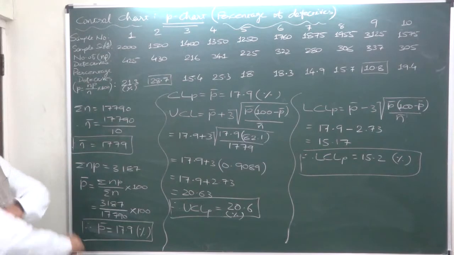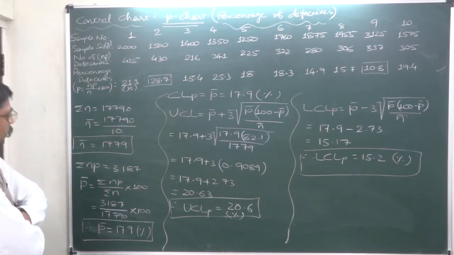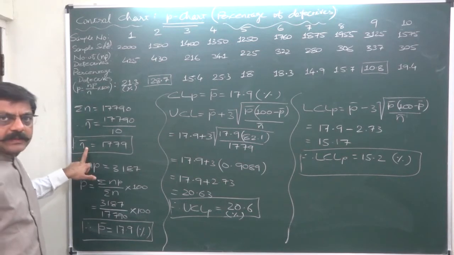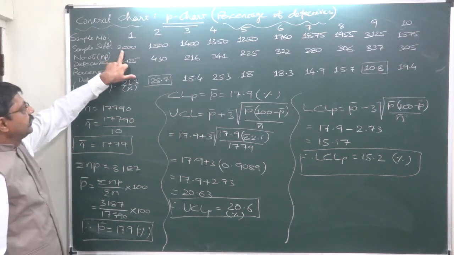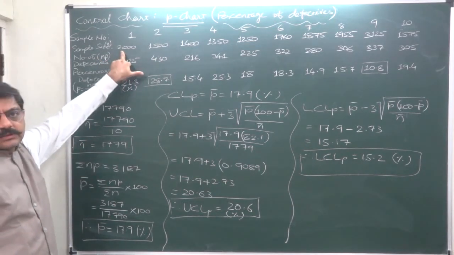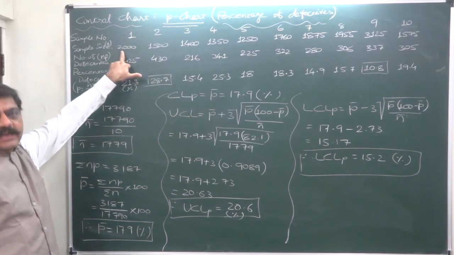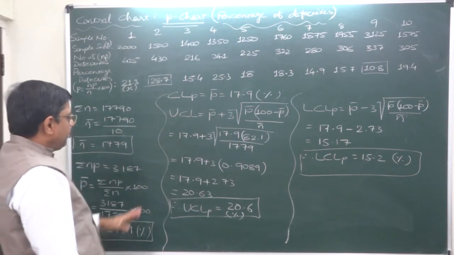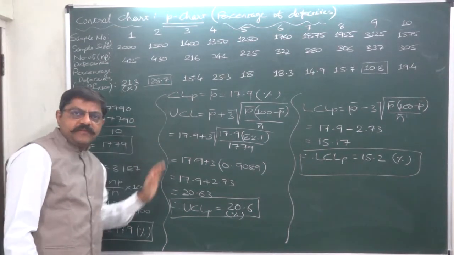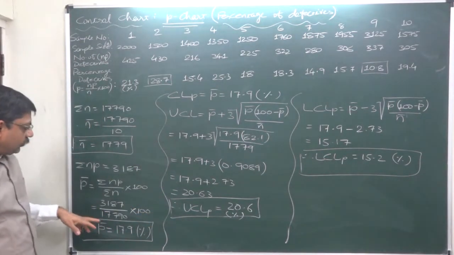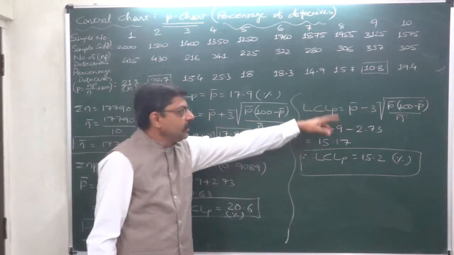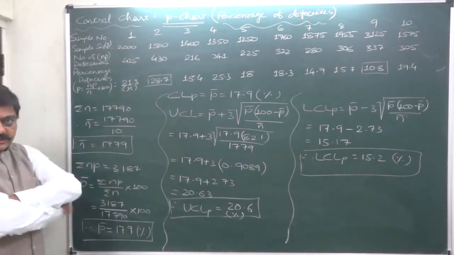So in this way, we can use the mean sample size instead of a common sample size where the samples do not have the same size. And in case of P as a percentage of defectives, we have to calculate P bar as a percentage and simultaneously all the control limits as percentages.